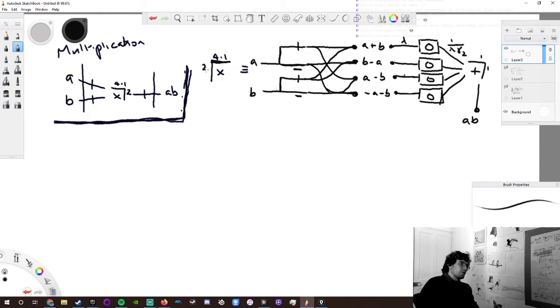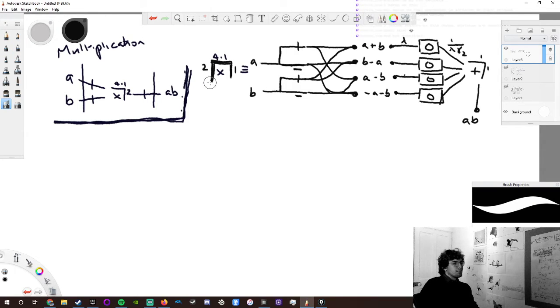It wants 2 inputs. Maybe it should have this on either side, 2 inputs to 1 output. That's not a bad convention.